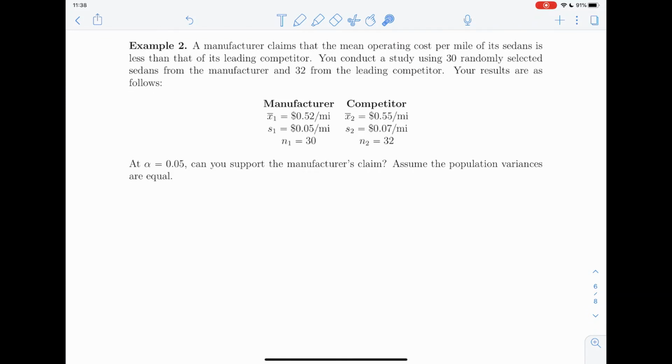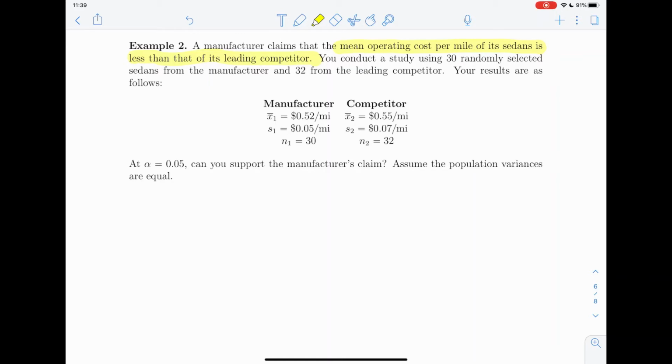A manufacturer claims that the mean operating cost per mile of its sedans is less than that of its leading competitor. So right off the bat, we have the claim thrust upon us that the mean operating cost of their sedans is less than its competitors. That is, mu1 is less than mu2.